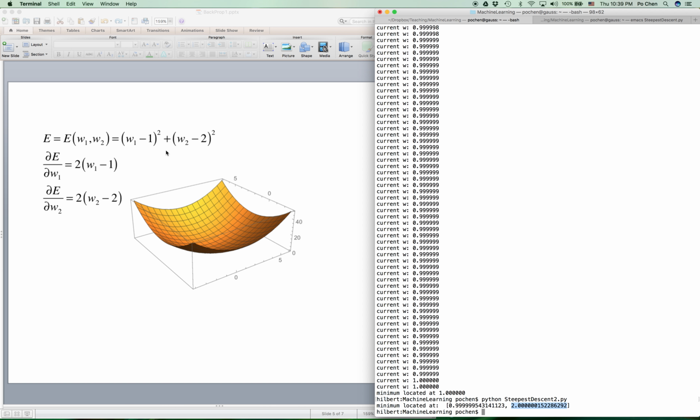So for our neural network, we have 12 weights. It's not one weight, it's not 2 weights, it's actually 12 weights. It looks a lot more complicated, but the same idea still applies. All we need to do is find the partial derivatives of the error with respect to the 12 weights.